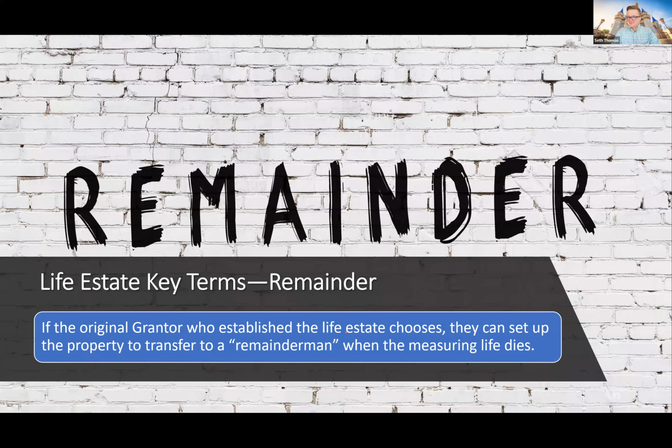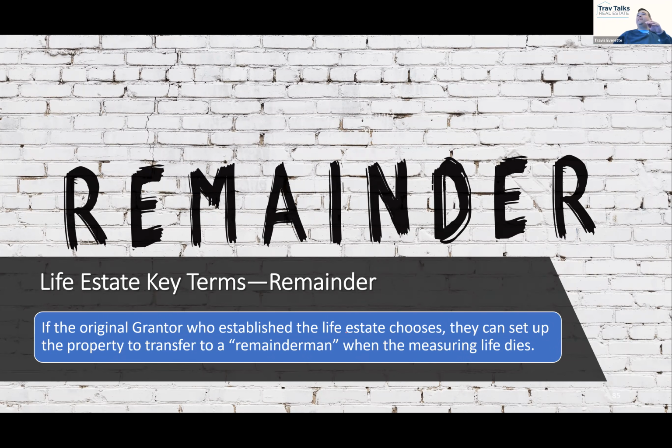What if the grantor is specific? If the grantor is specific, what we have is called a remainder interest. A remainder interest is one where the grantor specifies and says, I absolutely know where I want this to go. Does that make sense for everybody? Yes. And I love how Gabby said that.